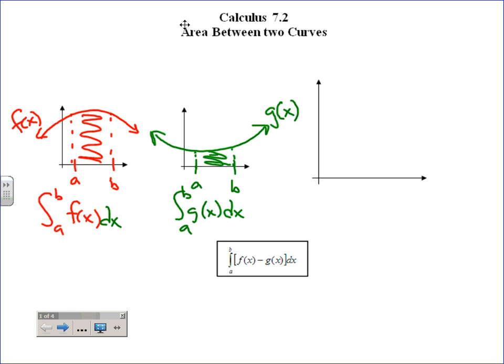But this says area between two curves. So basically what we're going to do with that slightly bigger graph is we're going to put these two graphs together. And I just want to find the area in between them. It's not quite the average. In some cases it might be. But I think that's a pretty good representation of my f of x over there, don't you think? It's pretty close. I would be writing these down, yeah. And I can stop after this if you've kind of just been following along, that's fine.